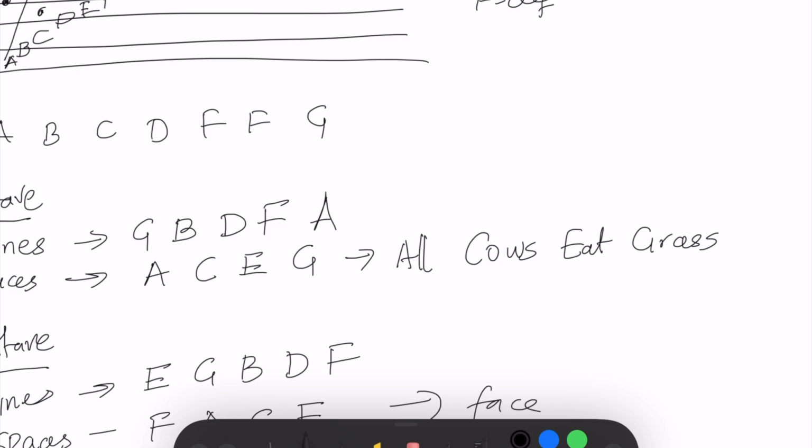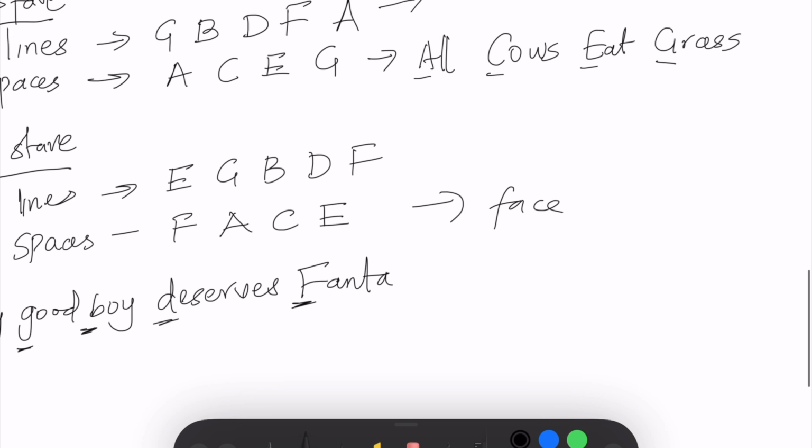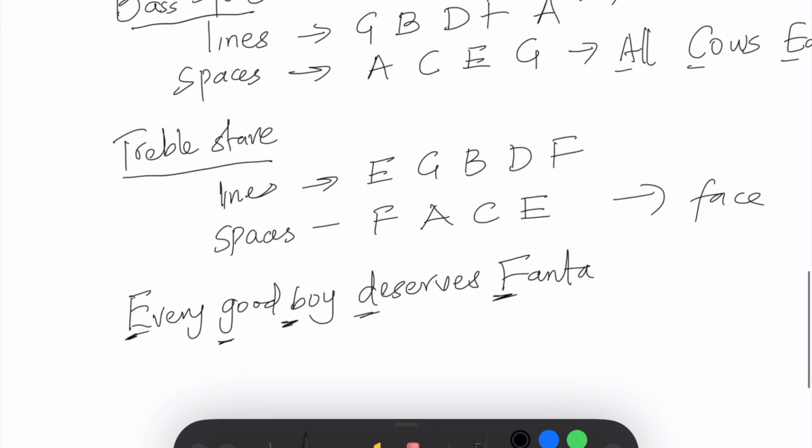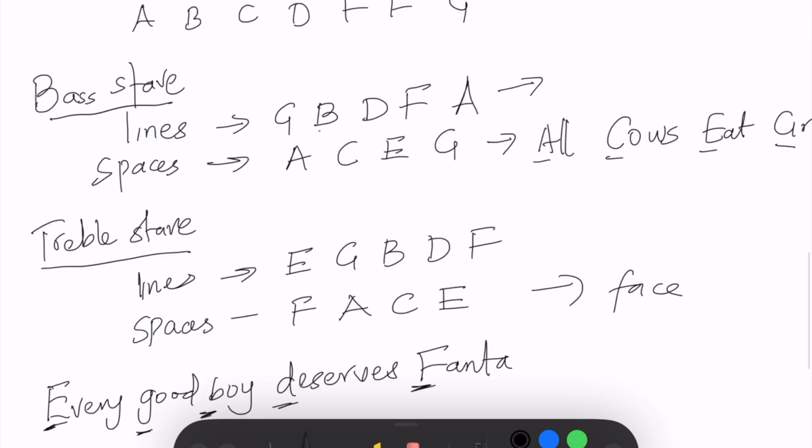Whichever one you choose, just make sure that you remember that it's A, C, E, G. And now for the lines. Similar to what we have here, every good boy deserves Fanta, because you can see already that you have G, B, D, F here. The only difference is A at the end and E at the beginning for the lines.